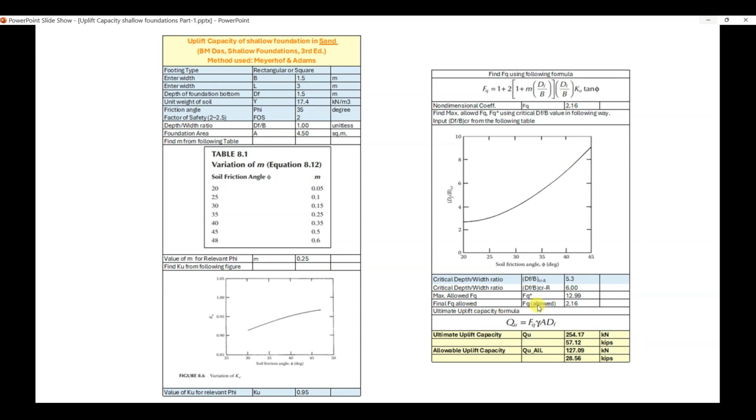Therefore, we have got our FQ. Then we can put together all the data here and determine our Qu. Qu becomes 254 kilonewton, and using a factor of safety of 2, we get allowable uplift capacity for our foundation is 127 kilonewton or 28.56 kips for this foundation.